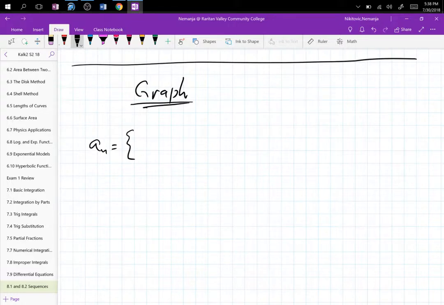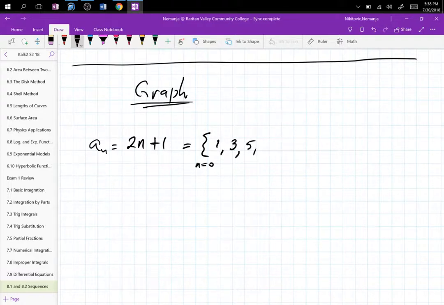So let's go with the formula 2n plus 1. Now, 2n plus 1, starting at n equals 0, is going to be 1. And then when n is 1, it's going to be 3. And you quickly see that these are just odd numbers.